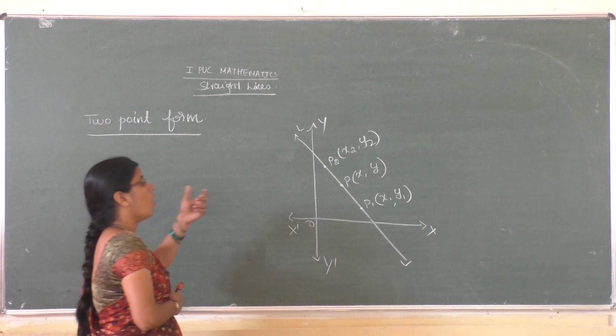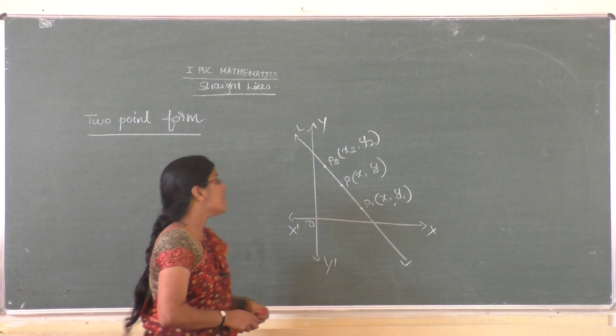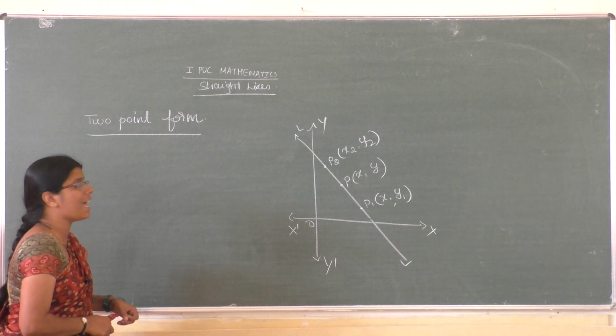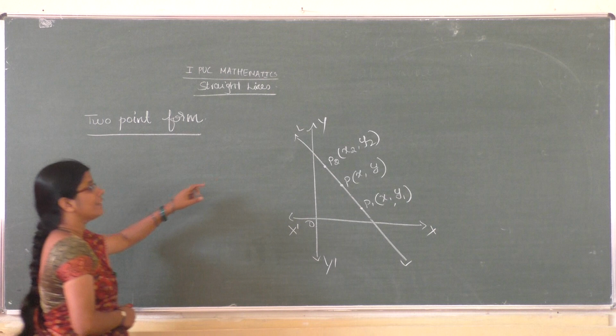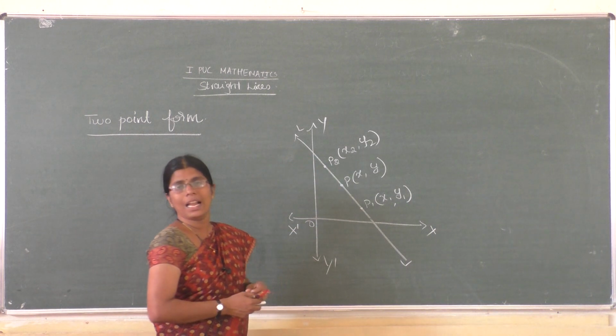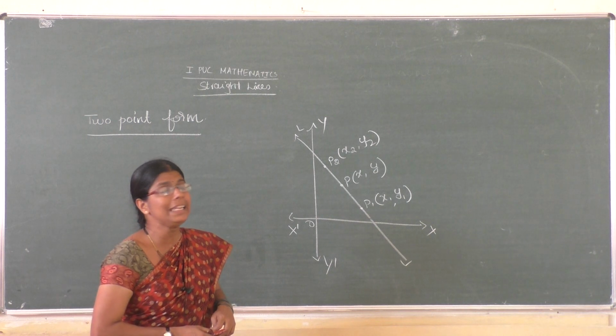Now the line already passes through the points P1 and P2. Suppose P of x, y lies on the line, then the 3 points lie on the same line. That means the 3 points are collinear.